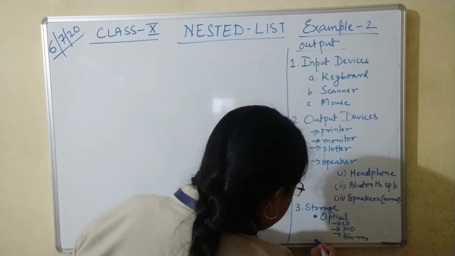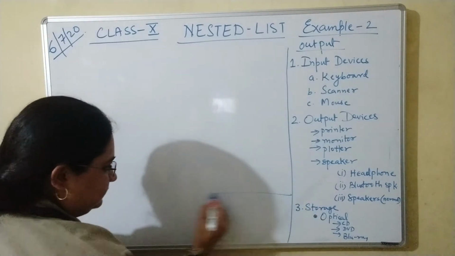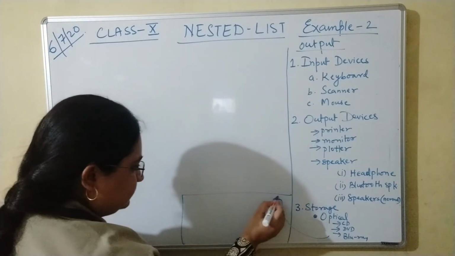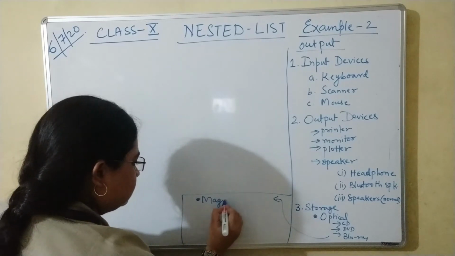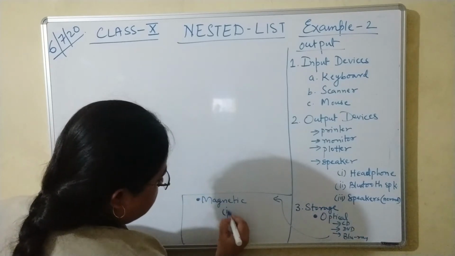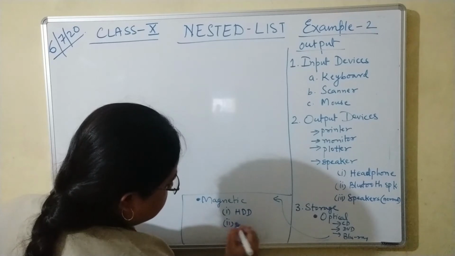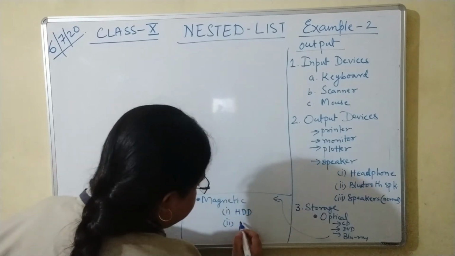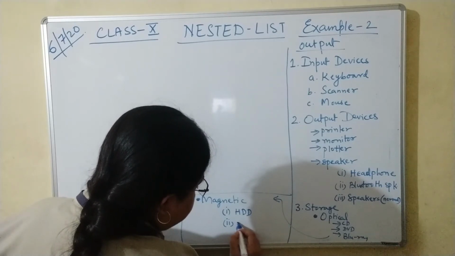And I'll be having one more, which I am going to write over here. It's a continuation: magnetic discs, that is number 1, hard disk, and external hard disk.